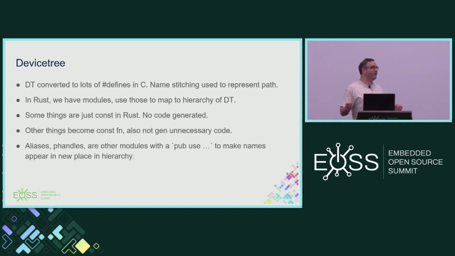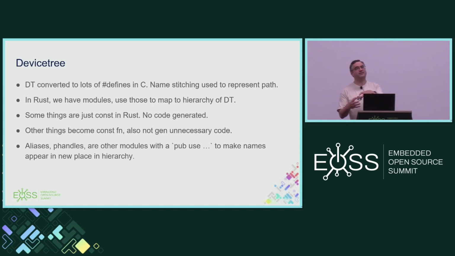The question is, if you've ever tried to use the device tree from C in Zephyr, and you get something slightly wrong, you get a 5,000 line error message, not quite, but a whole bunch of errors about macros. The way this works is there's code that runs and reads the device tree.